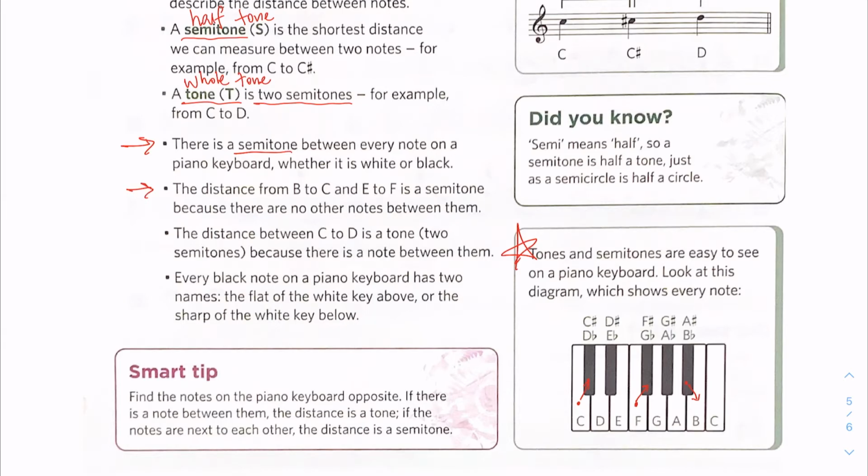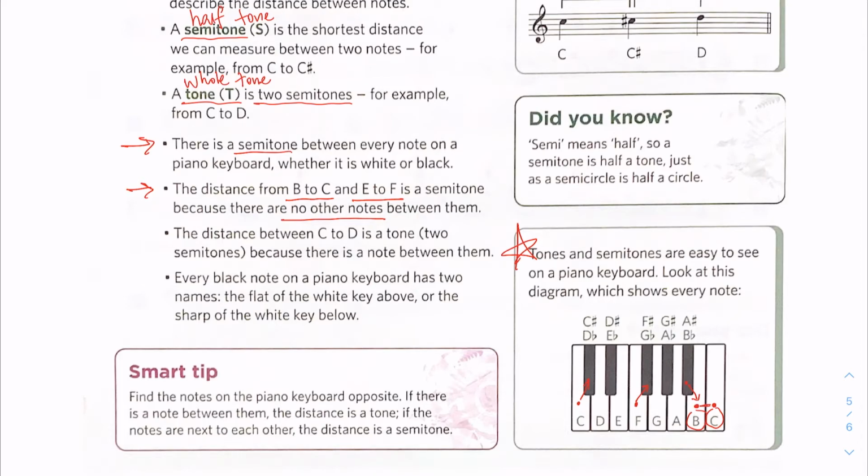Next, the distance from B to C and E to F is a semitone because there are no other notes in between them. The distance from B to C, let's find B, which is here, to C, which is here. This is B and this is C. If you draw a line, you notice that there is no note in between them.